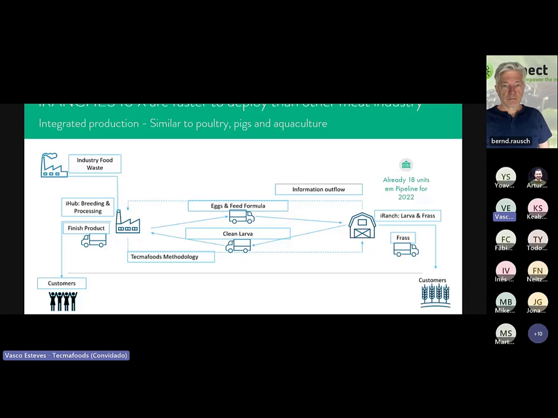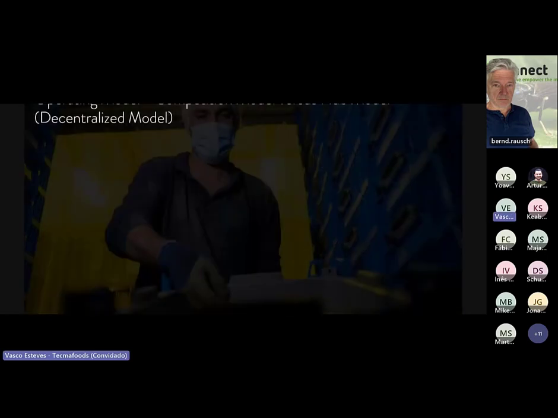We send the eggs and the start feed formula that you provide, and on the same journey back, we collect the larvae and sometimes the frass, and ship it to our facility. So we can ease this logistic impact, and now we are close to each phase. We need frass on the farms, so we produce frass at the farmers. It's a little bit complicated, but I will show you in a very fast way.